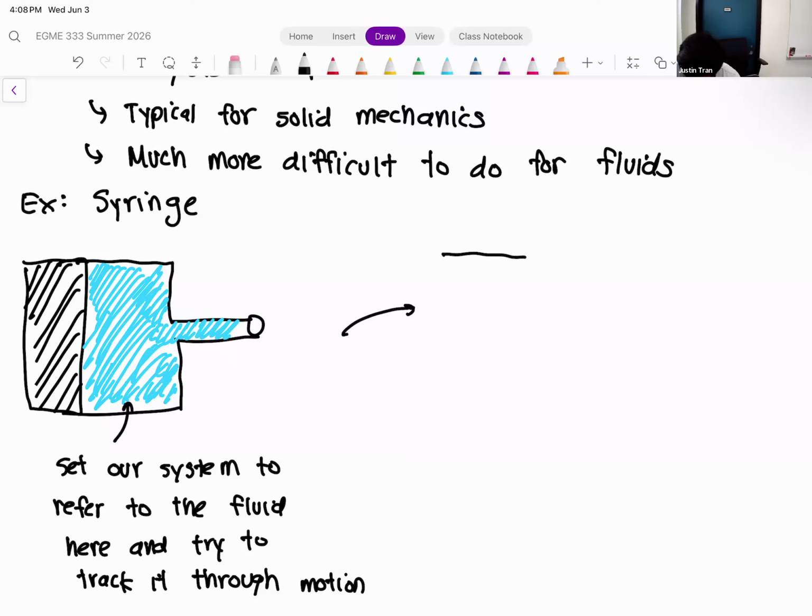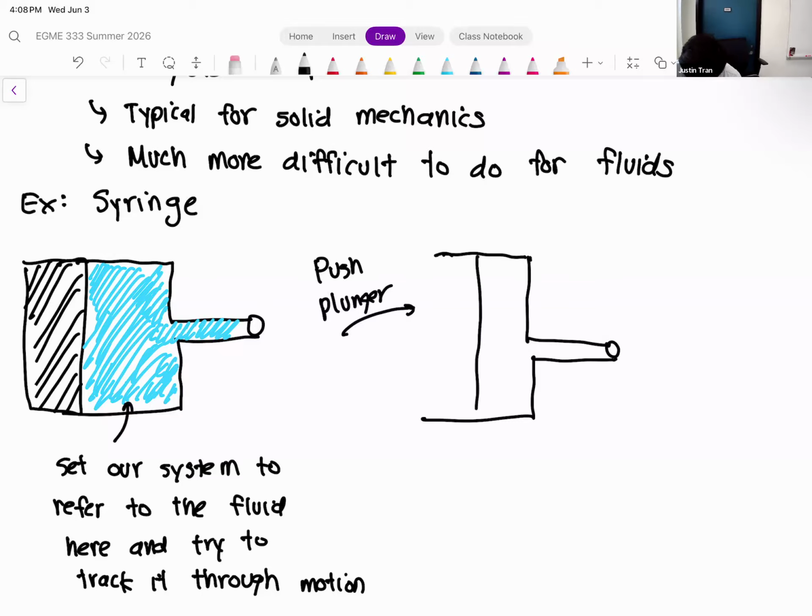Let's say that we look at our situation again where we have the same geometry here. But we push the plunger, so now the plunger is right here. Of course that's going to push the fluid out.